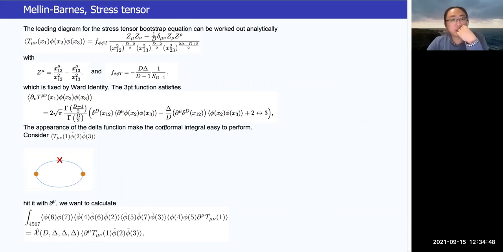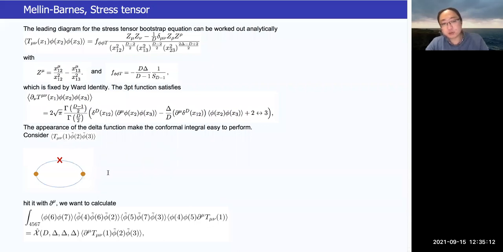Because of these delta functions, you can freely integrate out one coordinate, and after that you can use the 3-leg star triangles, and in the end you get an analytical expression.